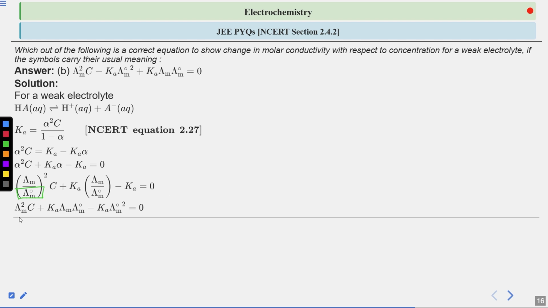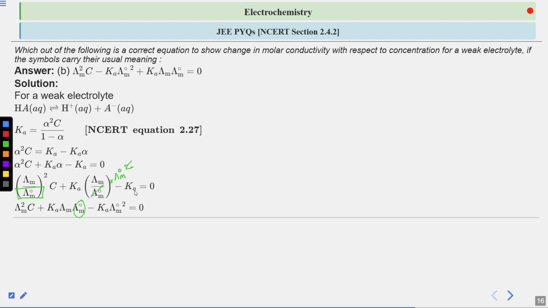It becomes lambda m square C plus Ka times lambda m multiplied by lambda m naught, because multiplying by lambda m naught whole square, one factor cancels out and one remains.